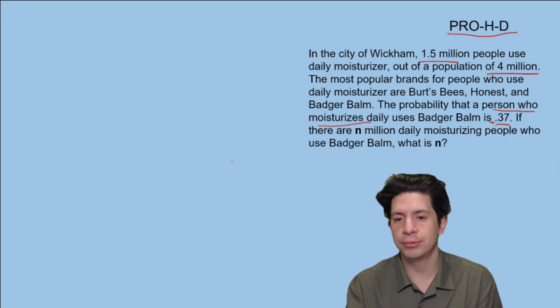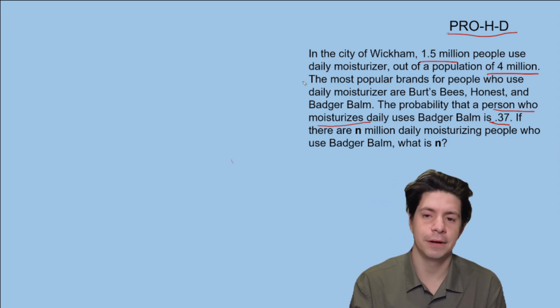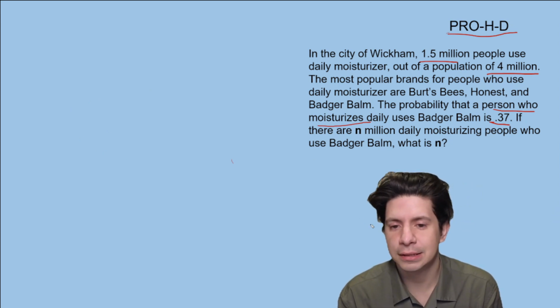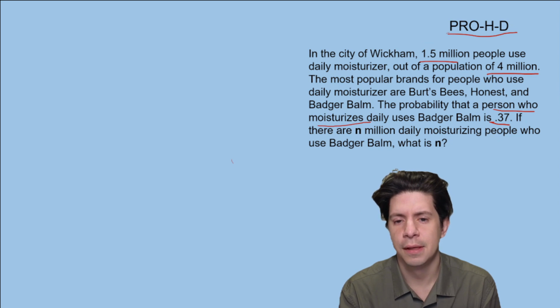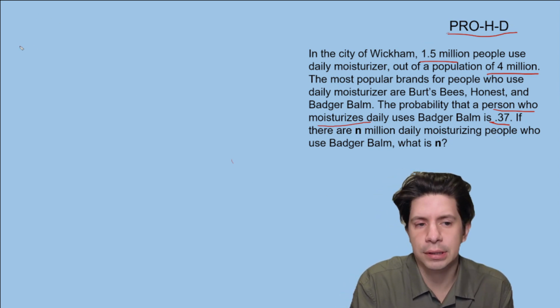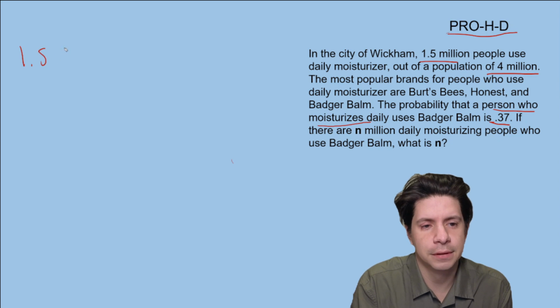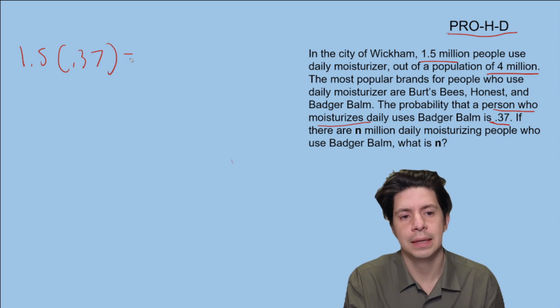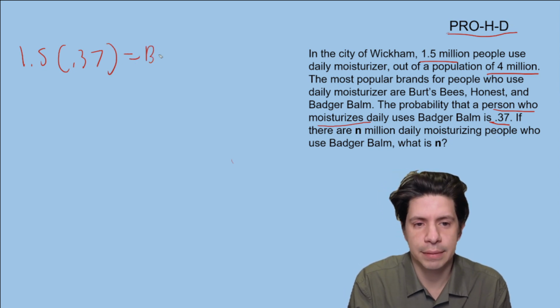So we do 0.37 out of the 1.5. And it's asking for n million, so we don't have to worry about the millions number. That's another area people would mess up. So let's try it out. It would be 1.5 times 0.37 equals Badger Balm.